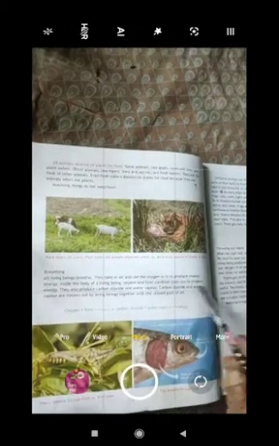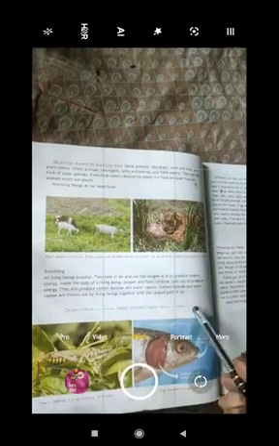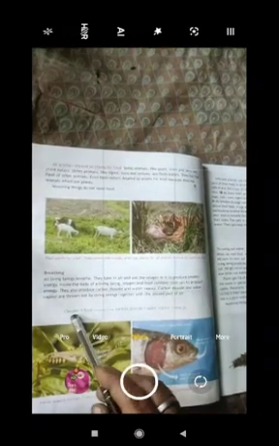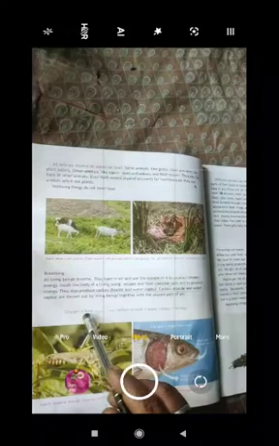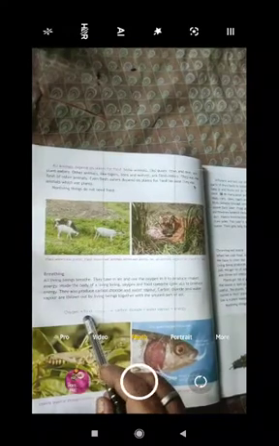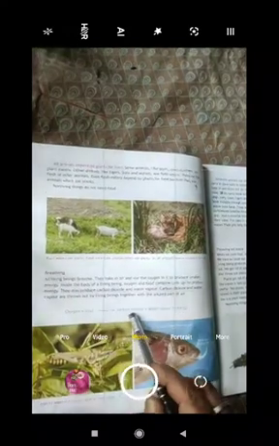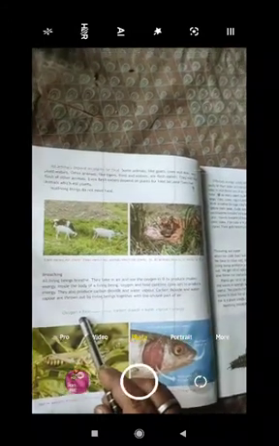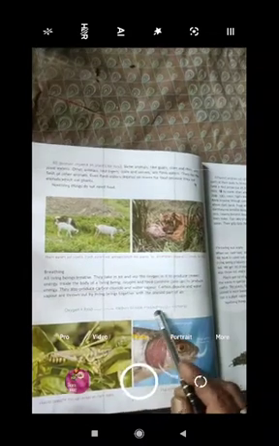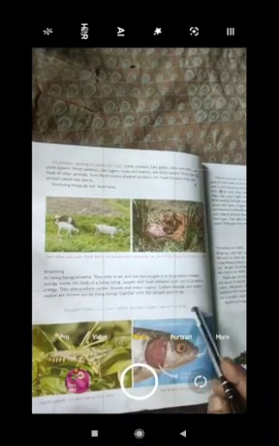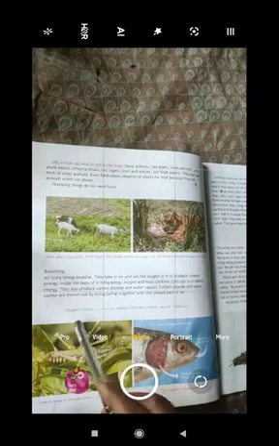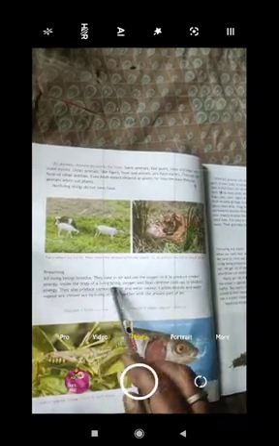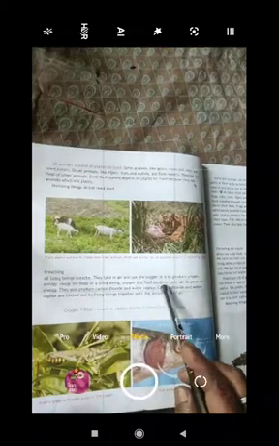Let me tell you in detail, as it has already given an equation here: oxygen plus food. Oxygen we get from the air, plus food which is made. After that it gives carbon dioxide, meaning once the food and the oxygen are mixed, then carbon dioxide plus water vapor and the energy will be produced. So, that is how it is given: inside the body of a living being, oxygen and food combine to produce the energy.